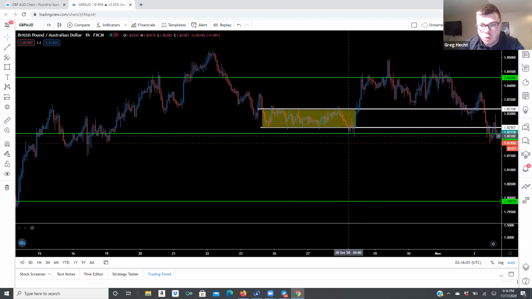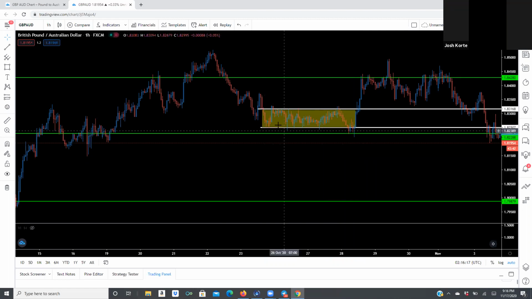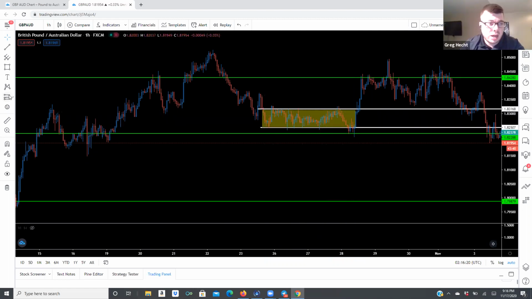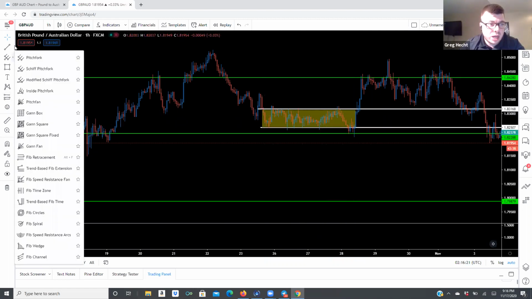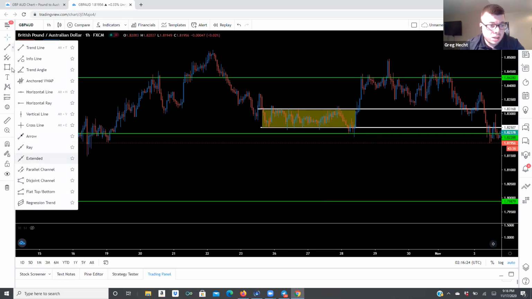So what I did is I just waited patiently. It couldn't break this support, right? That's why I always mark up a support and a resistance as well, because it couldn't break this area, right? Even though it broke out of consolidation a little bit, it could not break this support. It kept wicking, kept going sideways, right? So what do we do? Well, we simply waited. We were patient.